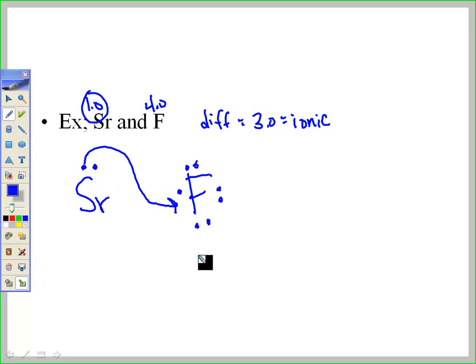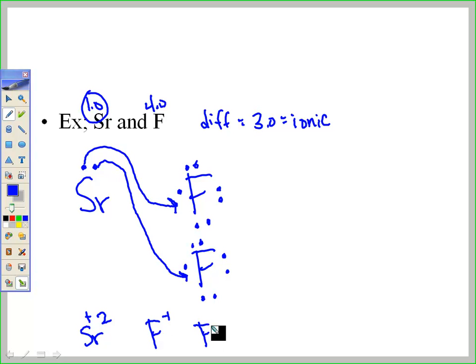So what happens here is that there's actually a second fluorine that will steal the other electron. And this works out really handy because if strontium loses both, which it would really like to, it gets a positive 2 charge, and each of these fluorines gets a negative 1 charge.